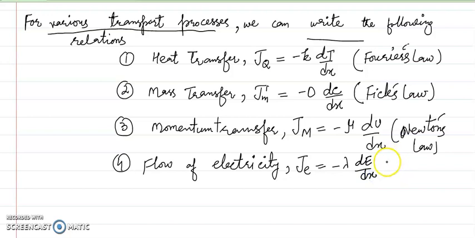That means simply the potential gradient, and this is called Ohm's law.